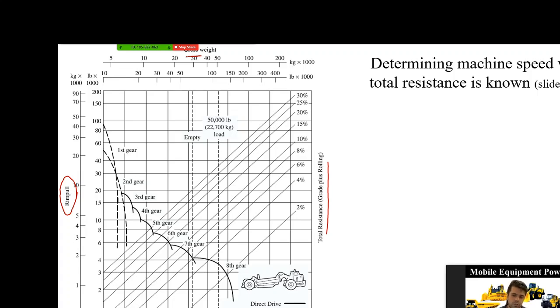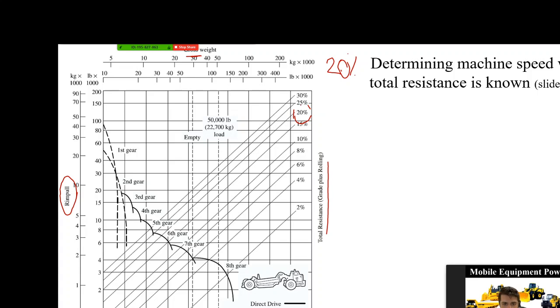There are two more steps here, okay? The first thing you need to find on this chart is the grade percent. So let's say you're working on a 20% grade. So 20% is right here.